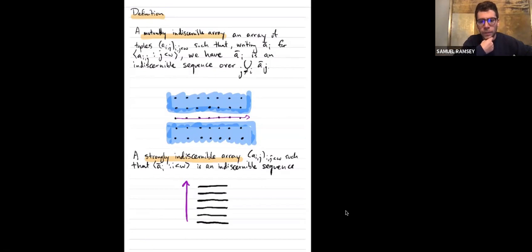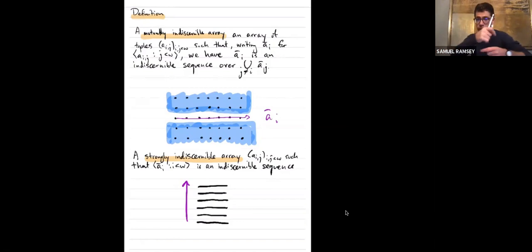Now, the rule for being a mutually indiscernible array is that if you look at that sequence a bar i, it should be indiscernible over all of the other rows. So in this picture, I have selected some row, let's call it a bar i. And what I'm asking is that that sequence is an indiscernible sequence over everything that's highlighted in blue, over all of the other rows.